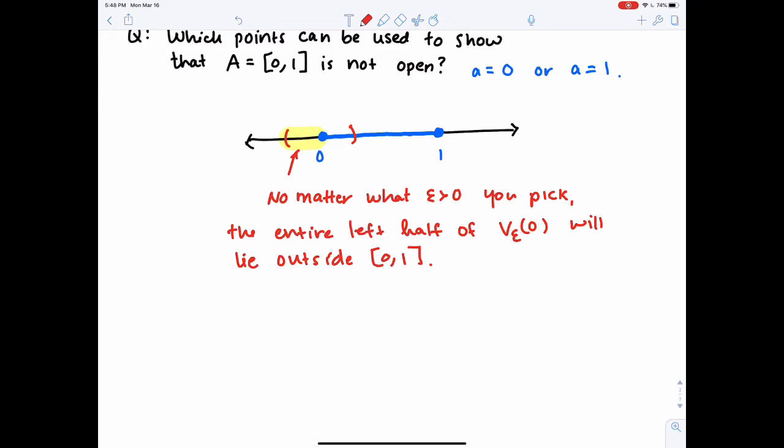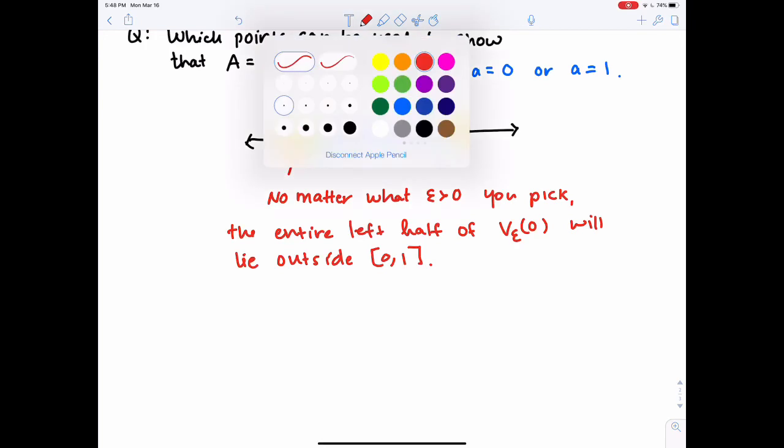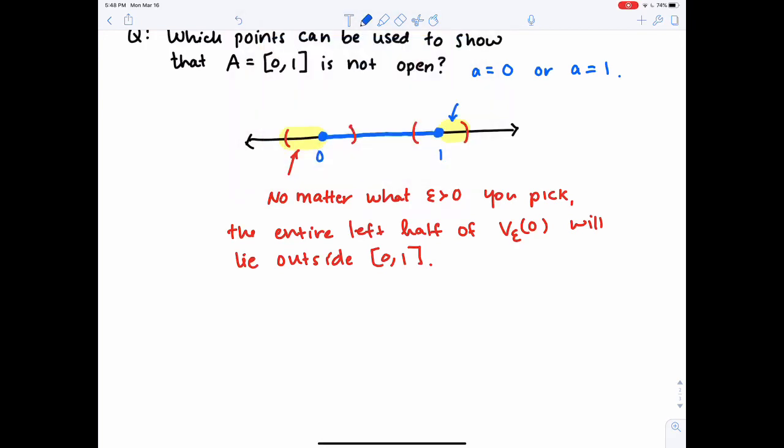The same thing is true, or analogously true, if you look at a neighborhood around the point 1. Since 1 is on the boundary of the set, there's always going to be this right side of any epsilon neighborhood around 1 that causes problems. So here we've got the right side of V epsilon of 1 is outside our interval [0, 1], and this is true.